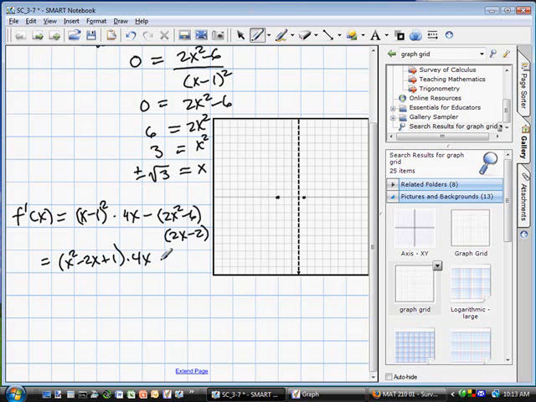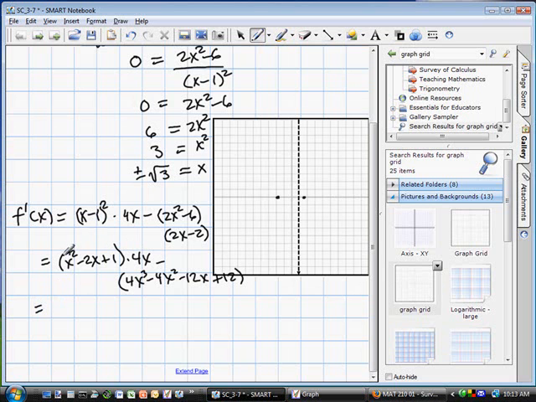And then this minus parentheses 2x squared times x is 4x cubed. 2x squared times negative 2 is minus 4x squared. Minus 6 times 2x, that's 12x. And minus 6 times minus 2. Okay?